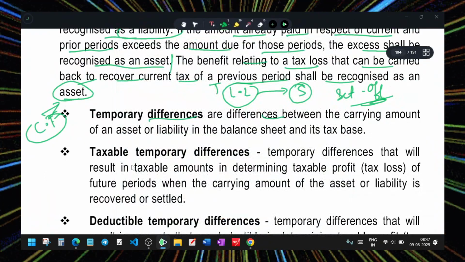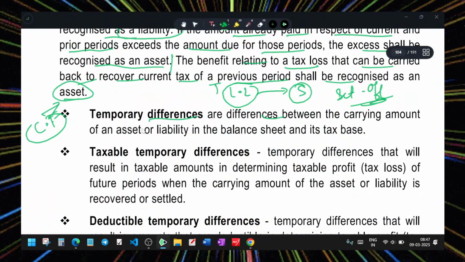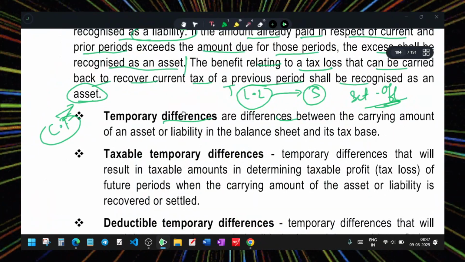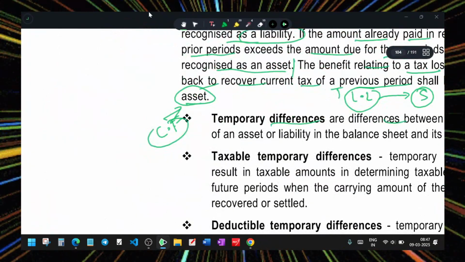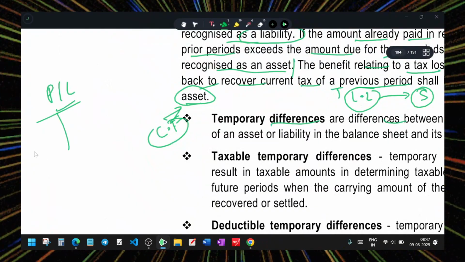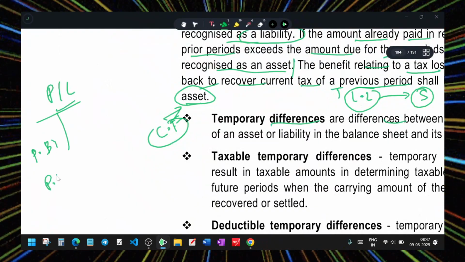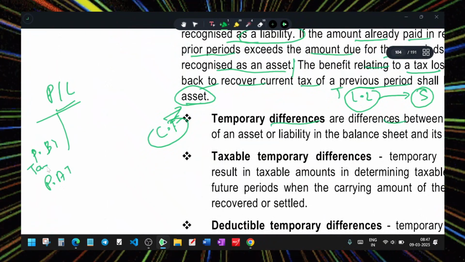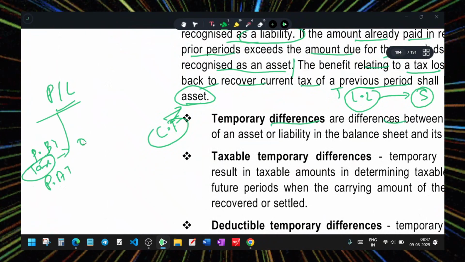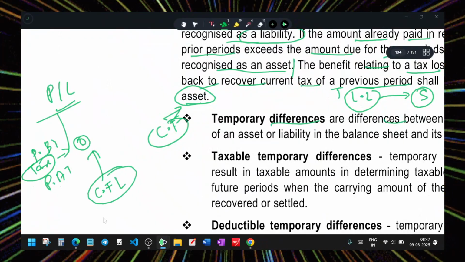This problem will not come here. Where will this problem come now? For example, when you put the P&L account, last is profit before tax, profit after tax, taxes you post. Here you will put zero when you have carrying forward loss.